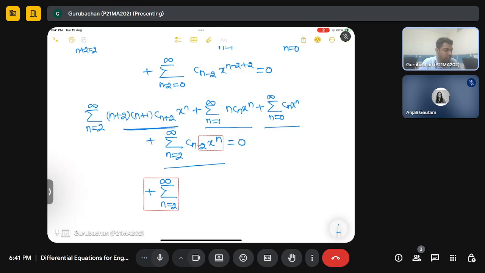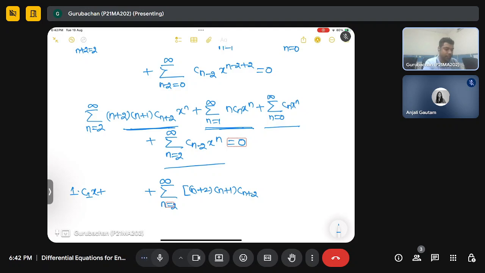Since it is starting from x squared, we write its general term here, (n plus 2)(n plus 1) C_(n+2). Now this one is starting from n equal to 1, so we write its first term, 1 times C1 x, here.